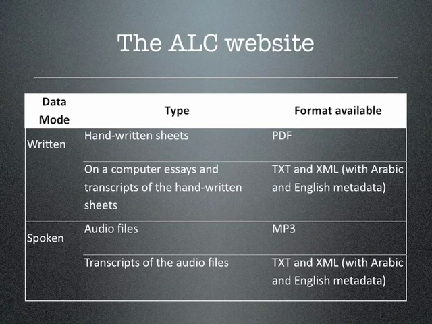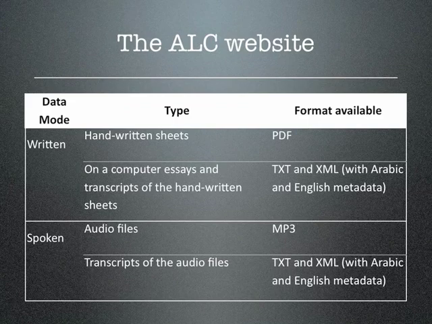The original handwritten sheets produced by the participants are available in a PDF format. They are also available alongside with those produced on a computer as TXT and XML files after they have been transcribed.